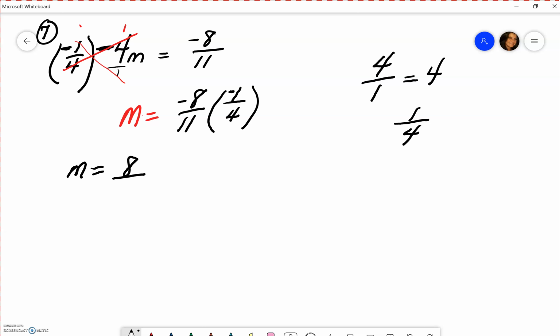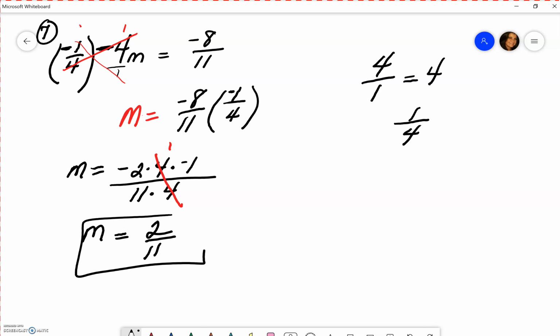And on the bottom, I'll end up with a, but before I multiply that out, how about if we take that -8 and factor out a 2 times 4 times -1. And then on the bottom, it would just be 11 times 4. So that way, these divide out. And then our final answer will be a +2 over 11. And that's your final answer.